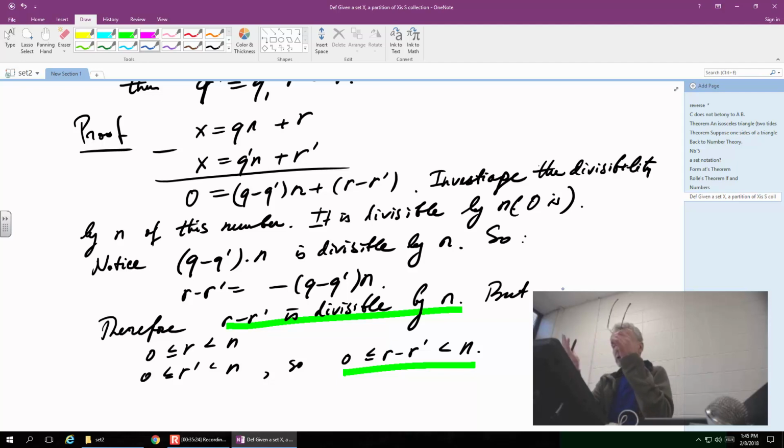No, it is just one number. R minus R prime, I'm looking at it as just a single number. It is an integer between 0 and n, and it is divisible by n. What can you say about this number? A number less than 3 divisible by 3, what is it? 1 is not, no. The answer is 0.